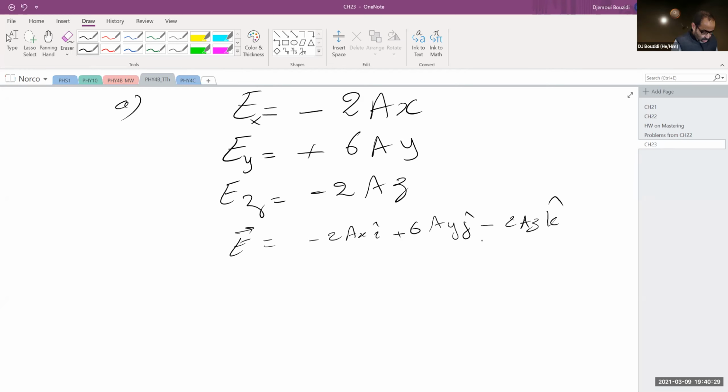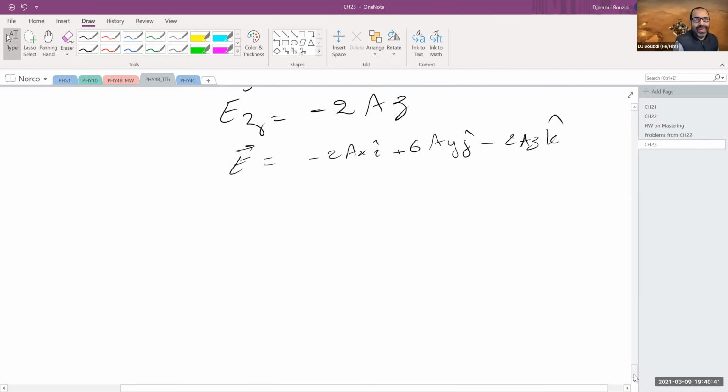Part B, the work done by the field when a 1.5 microcoulomb test charge moves from, so basically, let's look at this question. Always when you're reading, write stuff down. So part B, they gave us a charge Q of 1.5 microcoulomb.